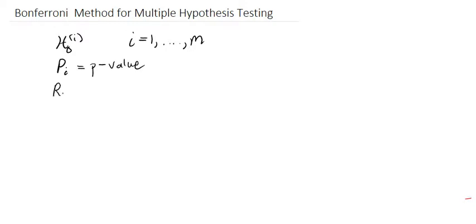And let's say R_i is the event that H naught i gets rejected.